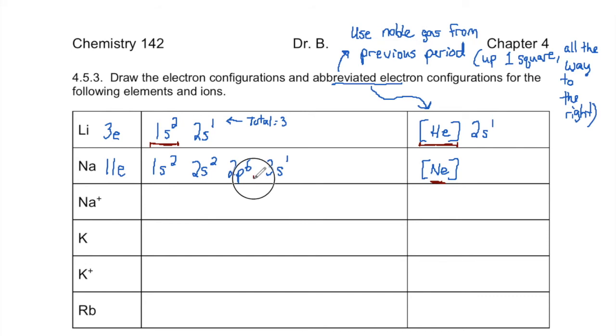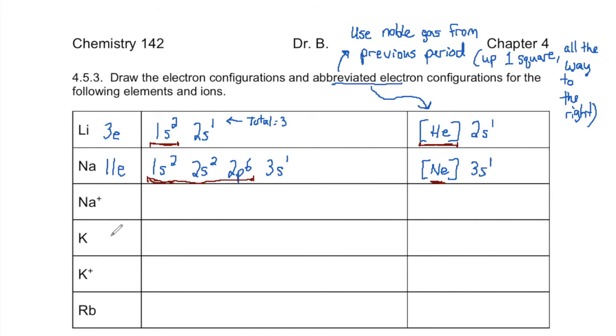Neon has the electron configuration 1s2, 2s2, and 2p6. So all of this is the same as neon. In addition to neon, there is this 3s1. So we can say that sodium is like neon with a 3s1 added onto the end.